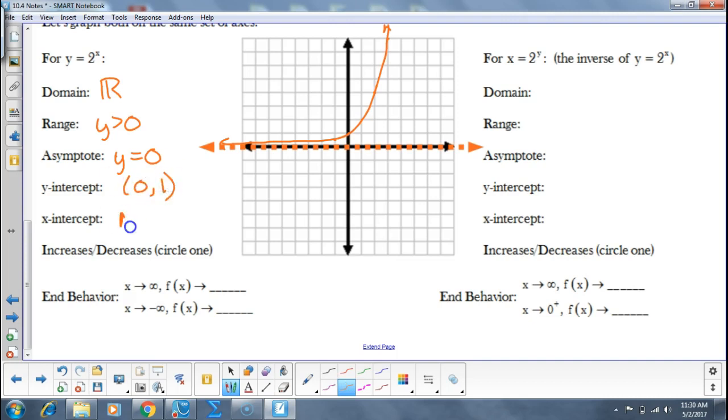X-intercept. None. Increasing, decreasing. It's increasing because it's getting bigger as we're going to the right. End behavior. As x goes right, going to positive infinity. As x goes left, 0 from above. Fantastic. Everybody good with that?